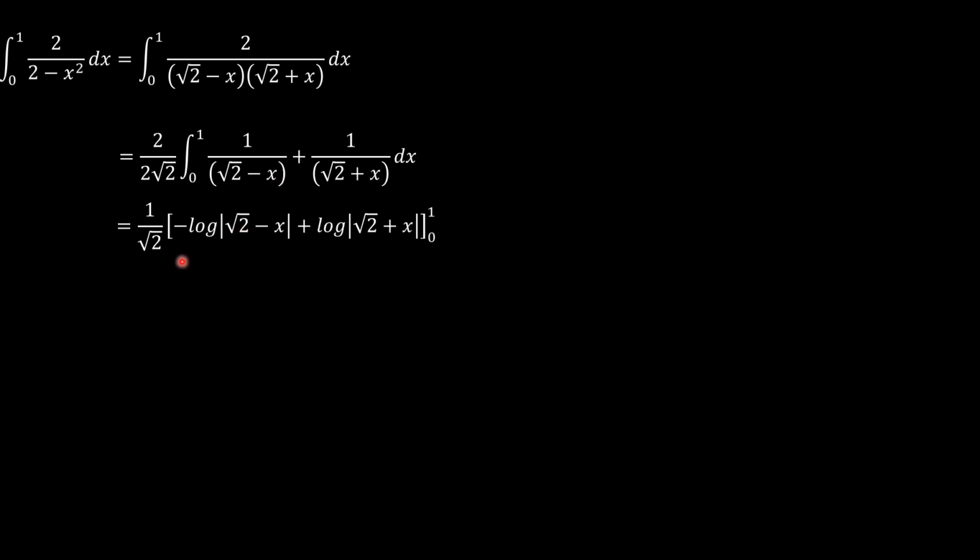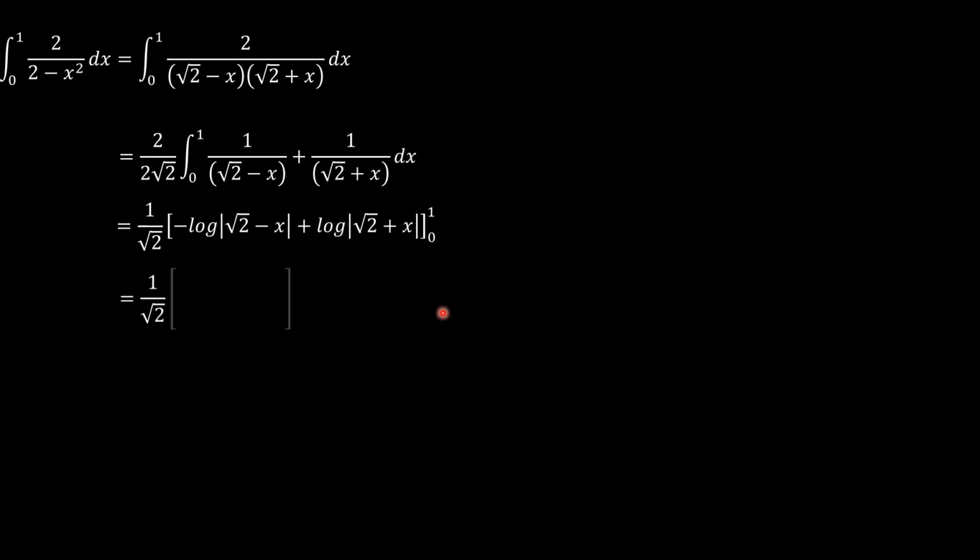This is the same as negative of natural logarithm of absolute value of square root of 2 minus x, plus log of absolute value of square root of 2 plus x. Now we use absolute values because we want to take the natural logarithm only when whatever is inside the function is defined. And this is from 0 to 1.